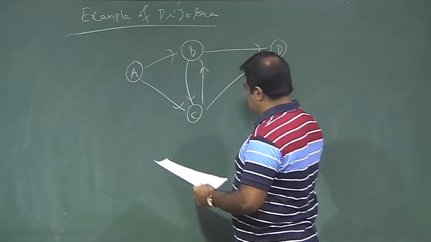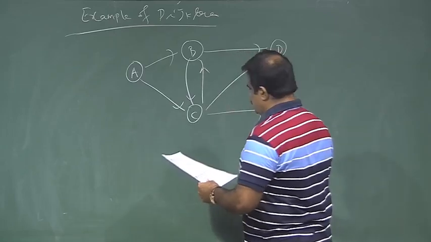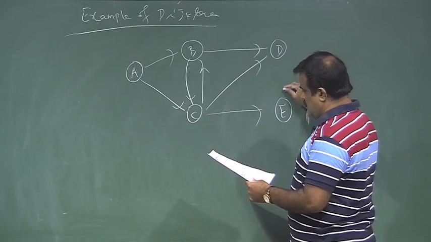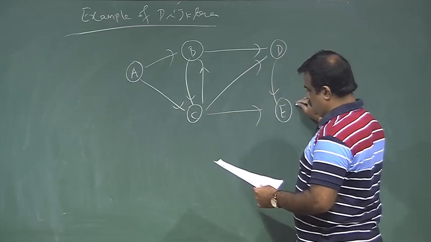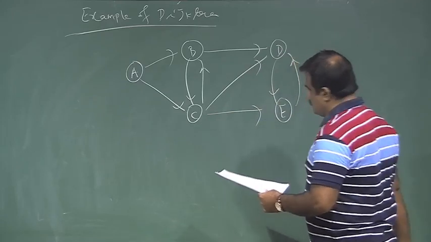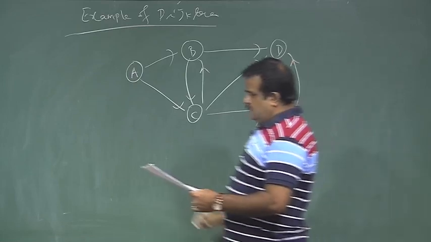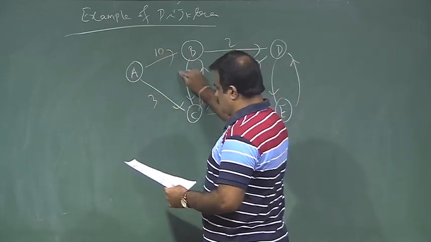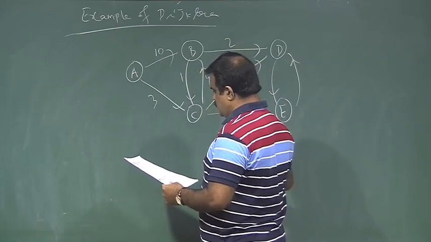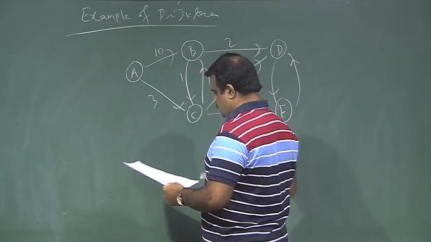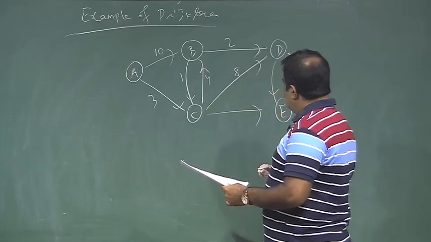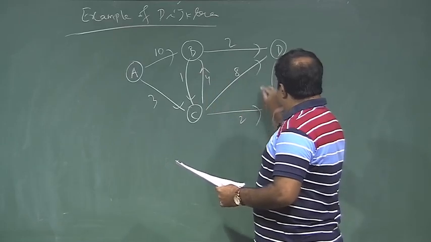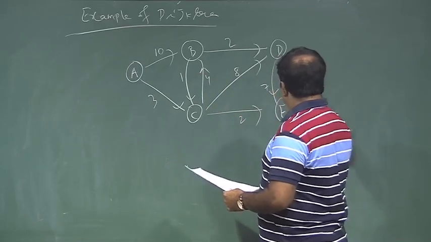So let us take this graph. These are the weights: 3, 2, 1, 4, 8, 2, 7, 9.